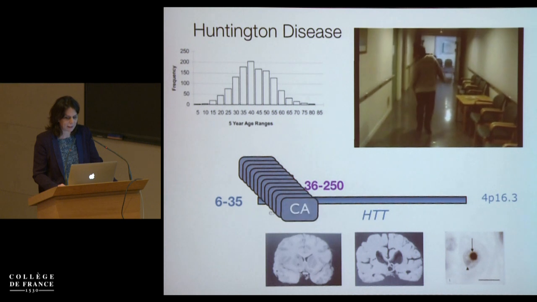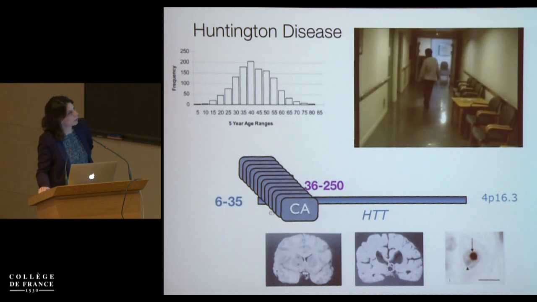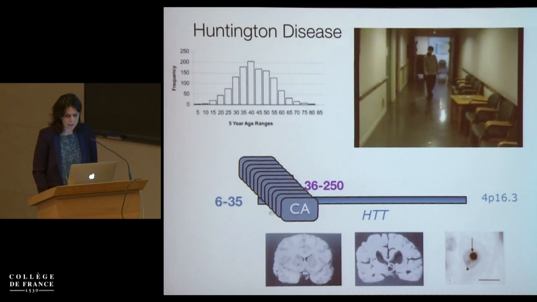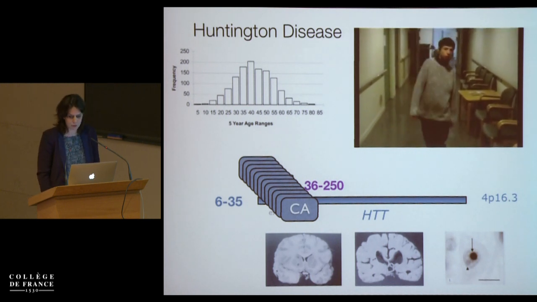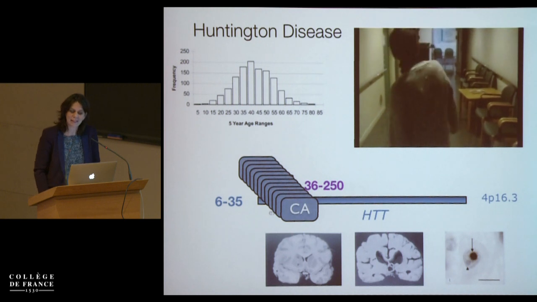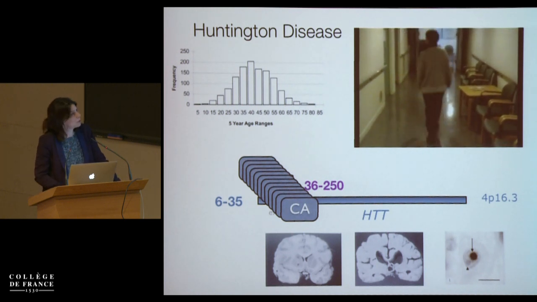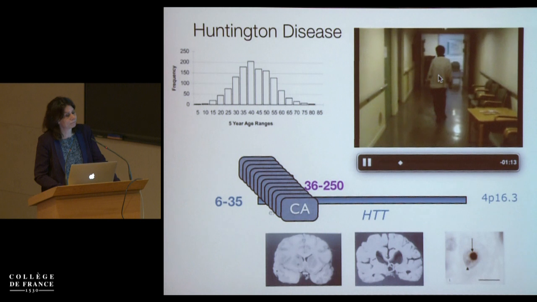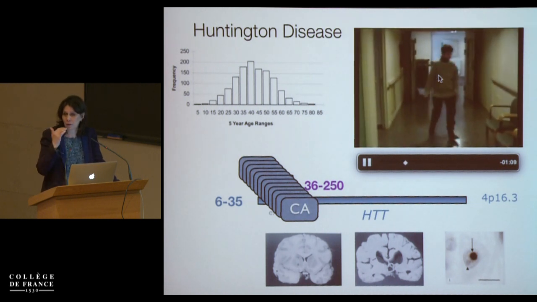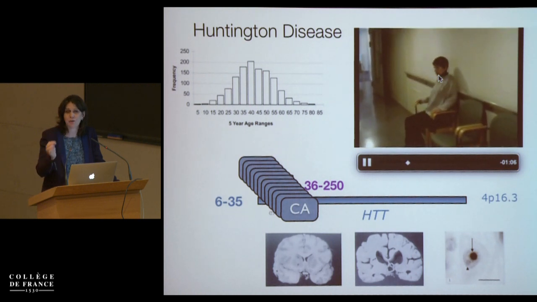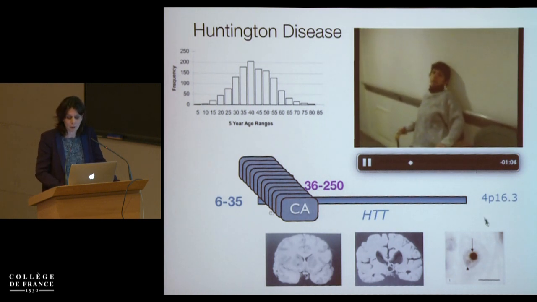It's expanded, and you have a girl over there who died now, but what you can see when she's walking is that she has chorea because she's moving a lot. But at this time of the video, what you see here, she was already completely mute. She couldn't talk anymore, and she was not able to take care of her life.